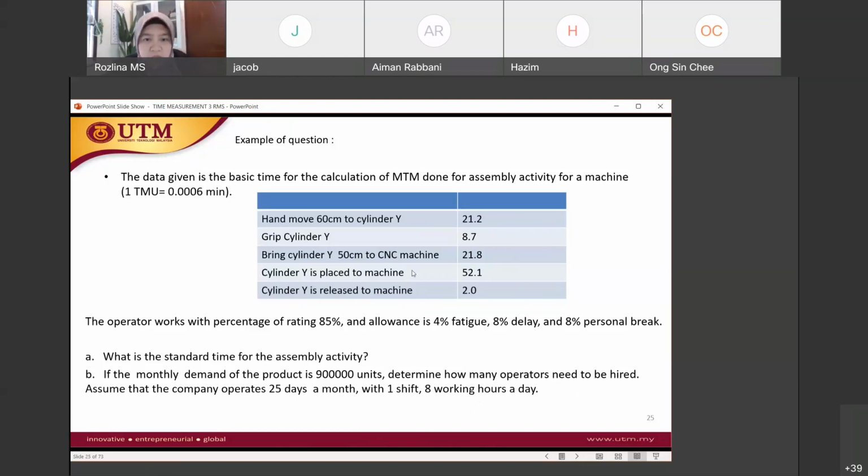Okay, we will do this example. One moment. Okay, we go to my handphone.